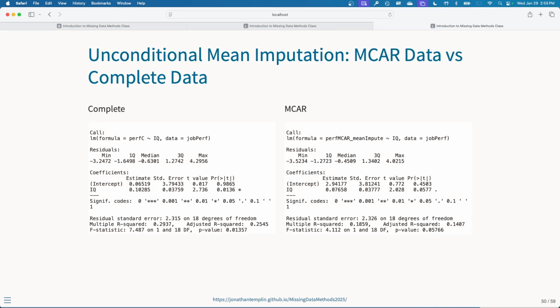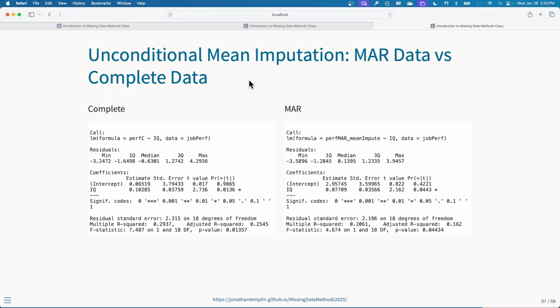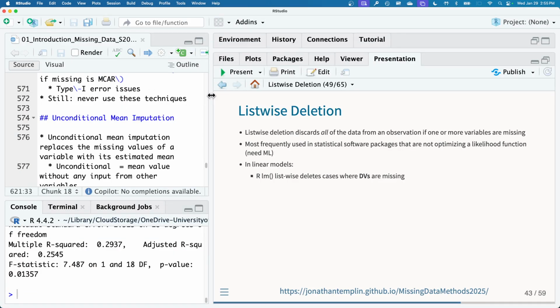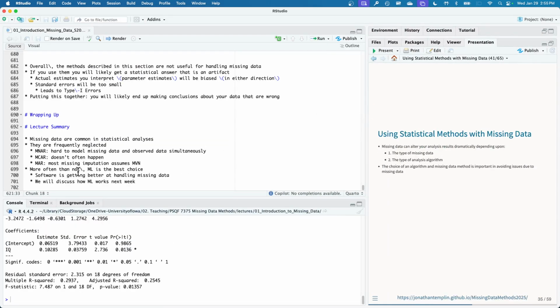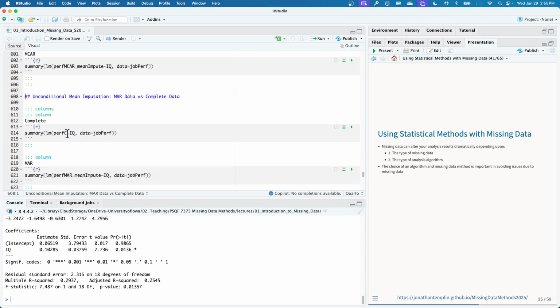Actually, this was what I was looking for right here. It was unconditionally MAR versus complete. Did I not do that right also? One second, please. Yeah, I screwed that up.